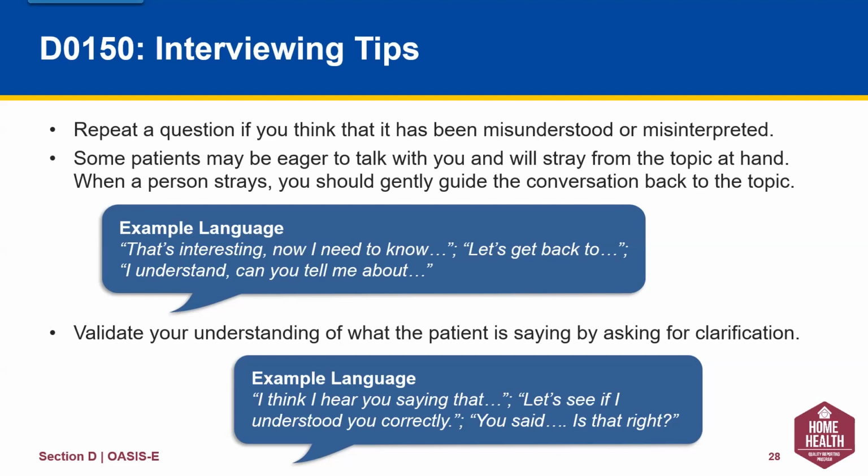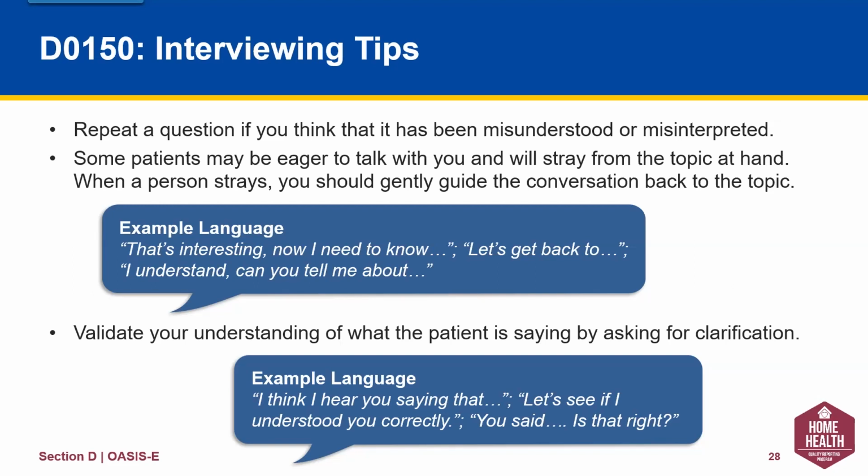For example, say, "That's interesting, but now I need to know," or "Let's get back to," or "I understand, can you tell me about?" Sometimes it's important to validate your understanding of what the patient is saying by asking for clarification. You can say to the patient, "I think I hear you saying," or "Let's see if I understand you correctly," or "You said blank, is that right?"